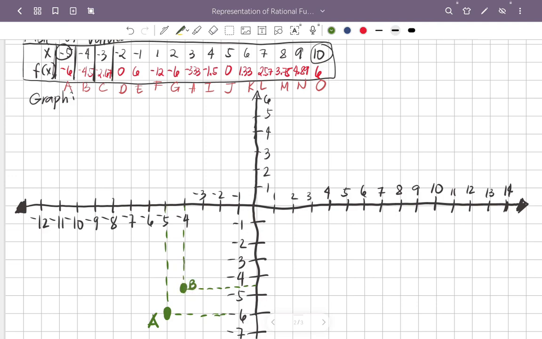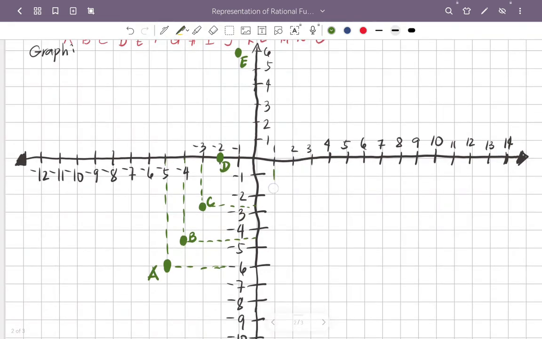Now, let's go to C. That's negative 3. Negative 2.67. Let's say it starts here. So, si C, na siya. And we have here negative 2 and 0. So, this is D. E is negative 1 and 6. This is E. Our F is 1 and negative 12.